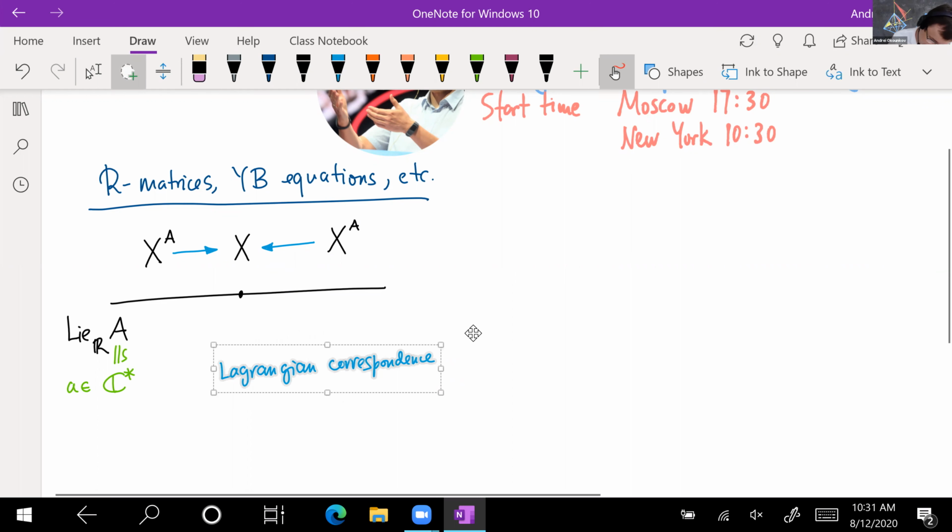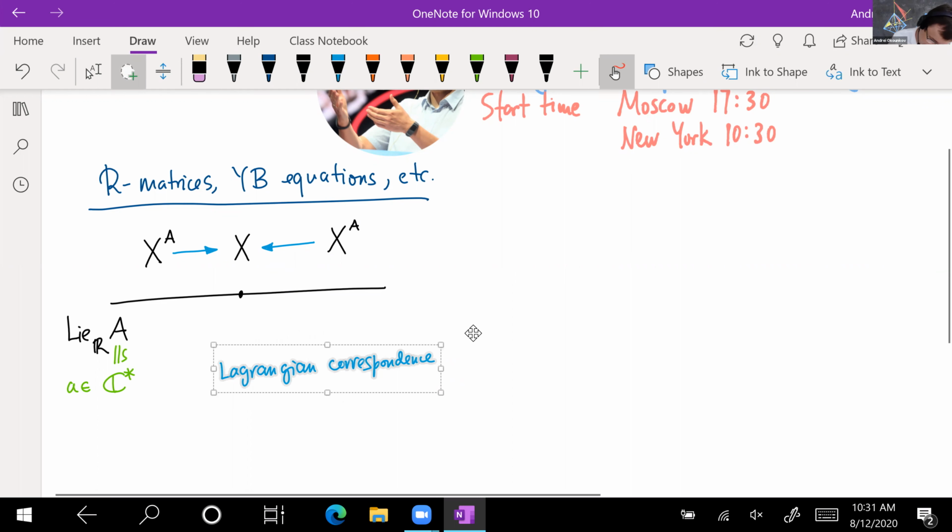Is that clear? You should think of this: for every strata of this picture, I have a map between 2 adjacent strata.